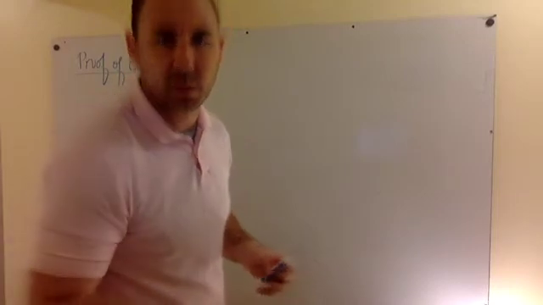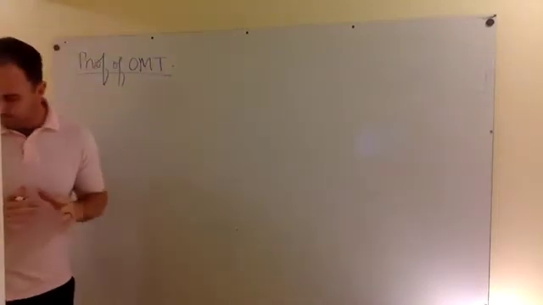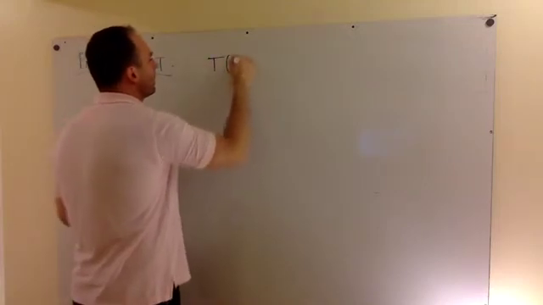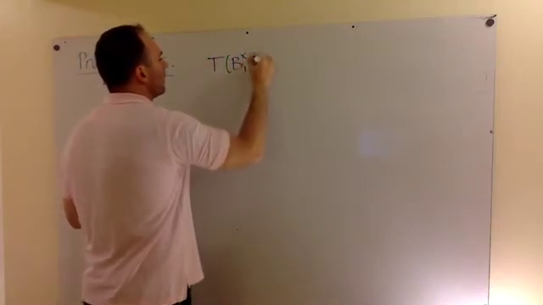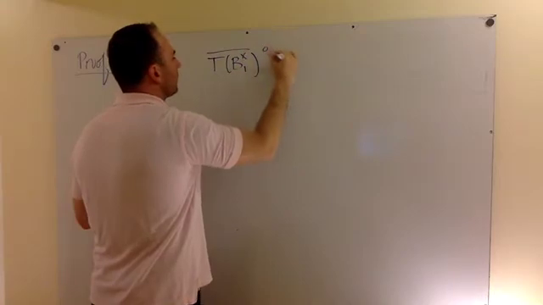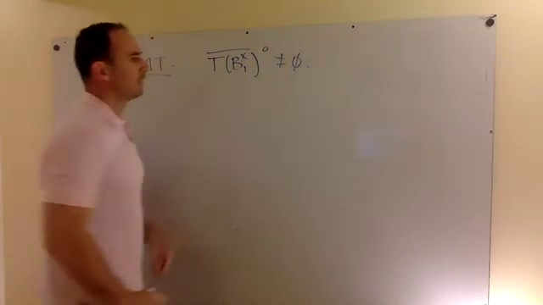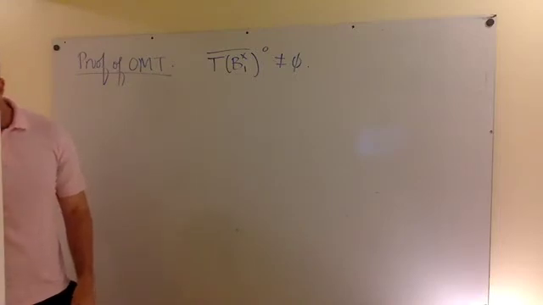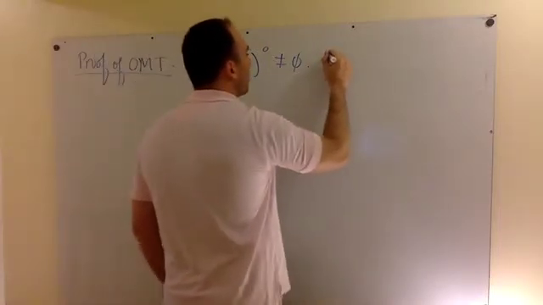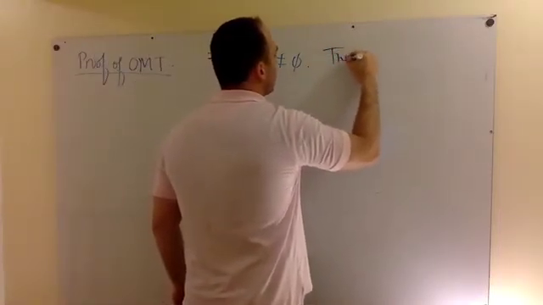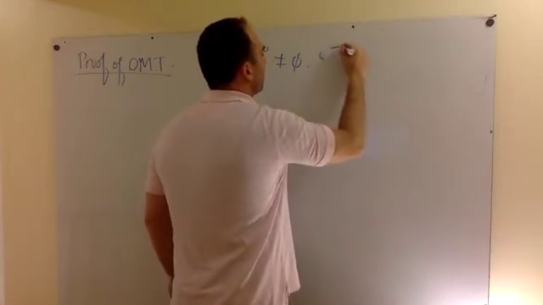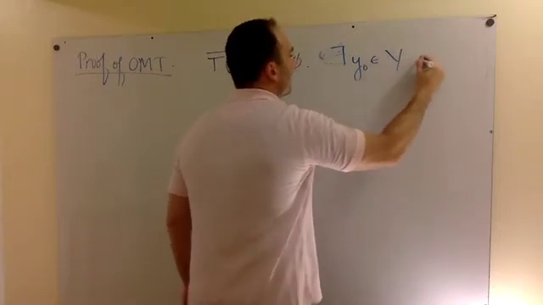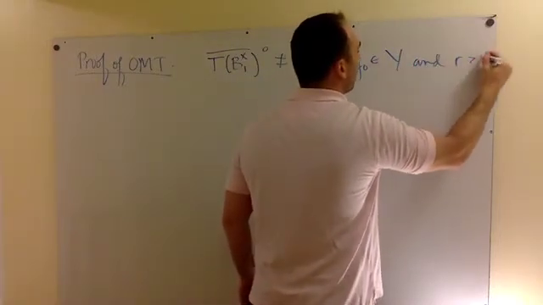Okay. All right. So what we have right now is that the closure of this guy is non-empty. Or sorry, the interior of the closure is not empty. So what that means is there exists a y0 in Y and r greater than 0.